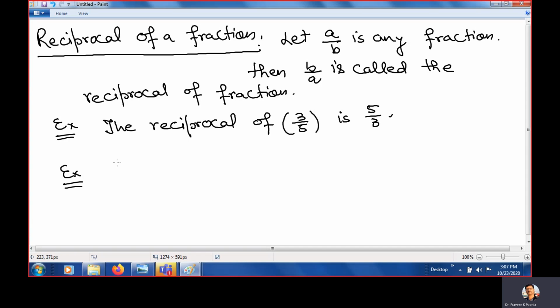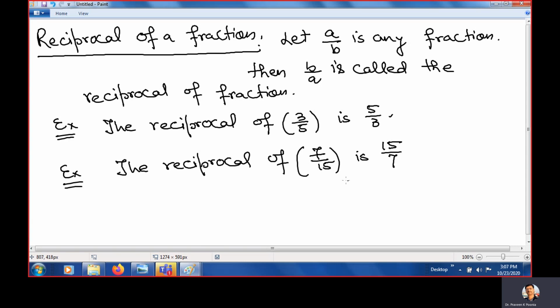Another example: the reciprocal of 7 upon 15 is 15 upon 7.